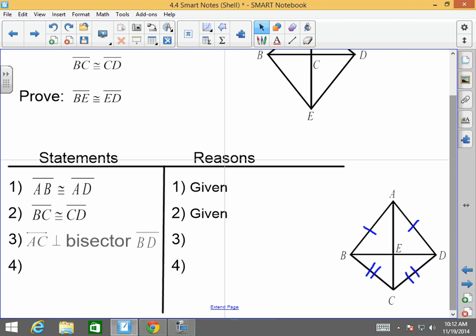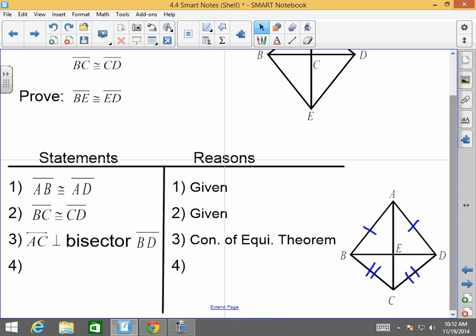Number 3, AC has to be the perpendicular bisector of BD. Again, why? In this case, it's the converse of the equidistant theorem. Or actually, no, I believe it is just the equidistant theorem.